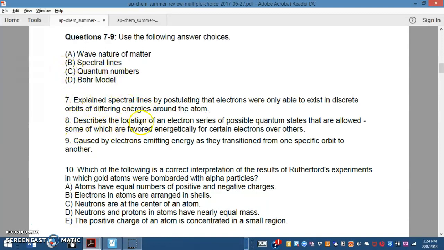Number 8 describes the location of electrons, this is actually the quantum numbers. And 9, caused by electrons emitting energy as they transition from one specific orbit to another, and those are the spectral lines caused by this electron moving.